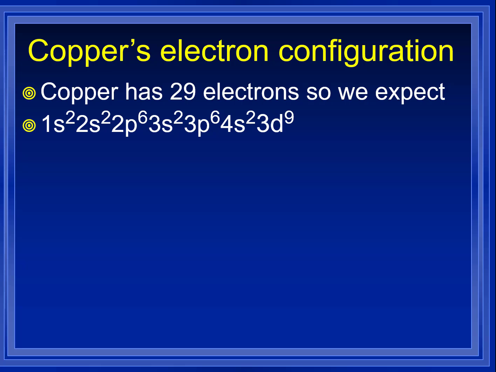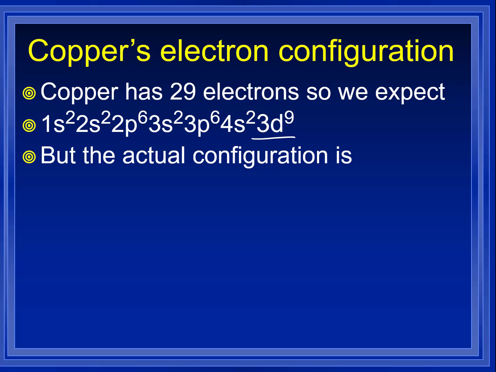That would be the electron configuration for 29: 1s2, 2s2, 2p6, 3s2, 3p6, 4s2, 3d9. That's what we expect. We expect it to end in 3d9. But when you look at the light, it doesn't end in 3d9.